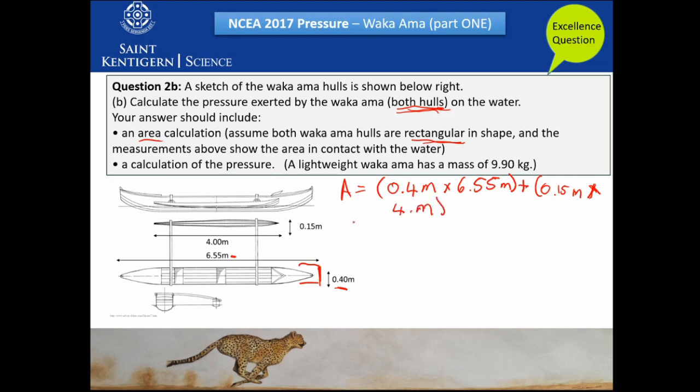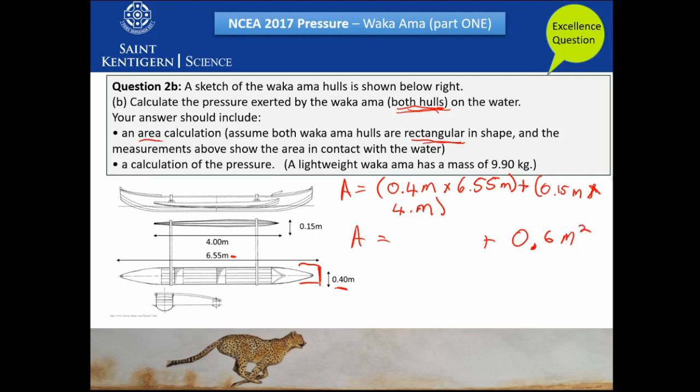Okay, that's going to be our area, and if I put that into my trusty calculator, I get 4 times 0.15 equals, so area is at this stage 0.6 meters squared.